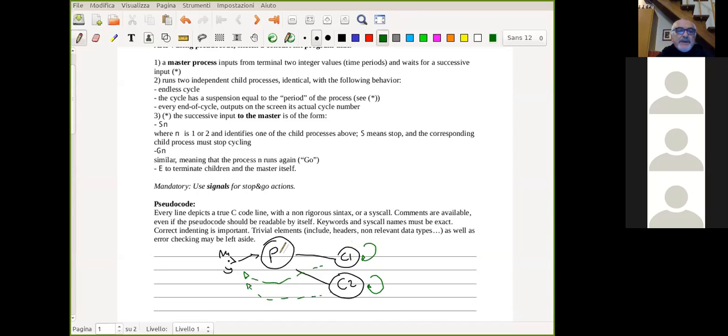The idea is that P is a scheduler for those two processes. So if, for example, the cycles are 2 seconds or 3 seconds, and this cycle may be 5 seconds or anything you want. The aim of P is just scheduling them with this cycling time.